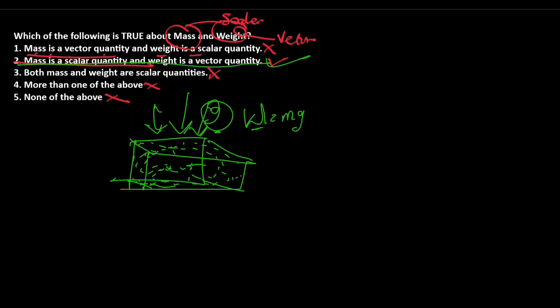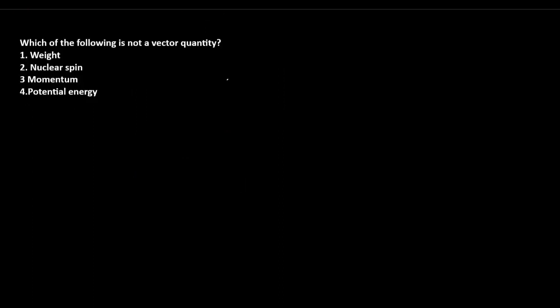Also, mass can be measured in kilograms or grams, but weight is always measured in Newtons. Mass can never be zero, but weight can be zero. Just like in an elevator, which I'll teach very soon, you can experience weightlessness there.